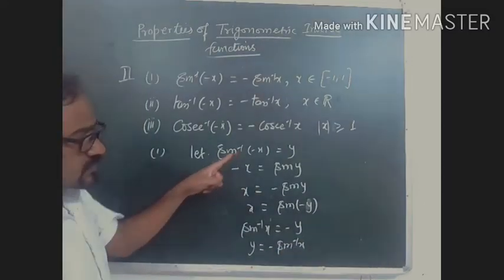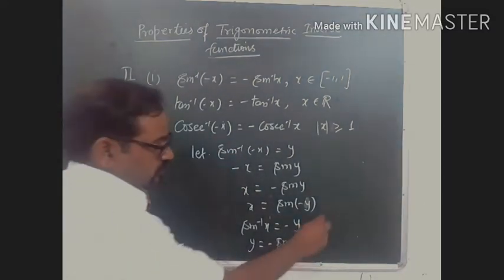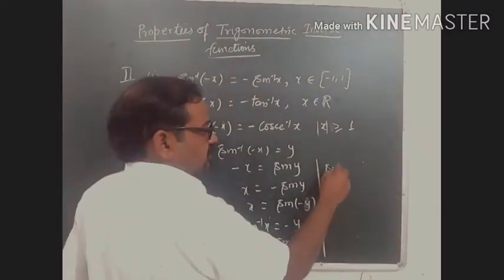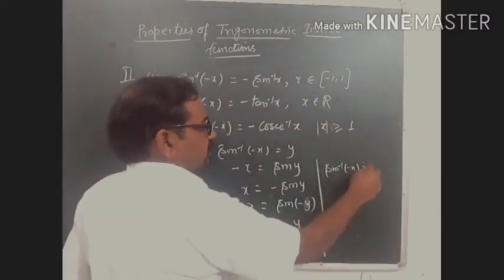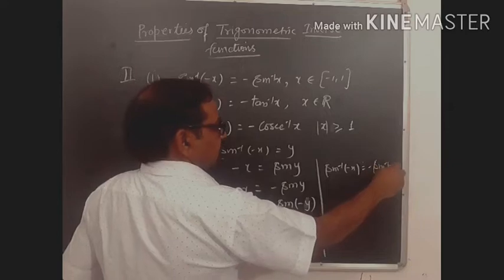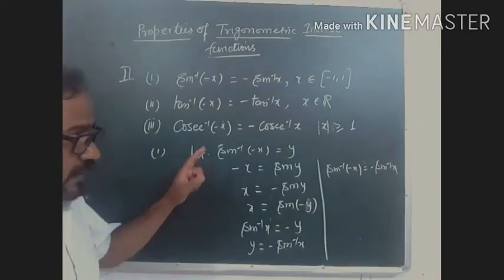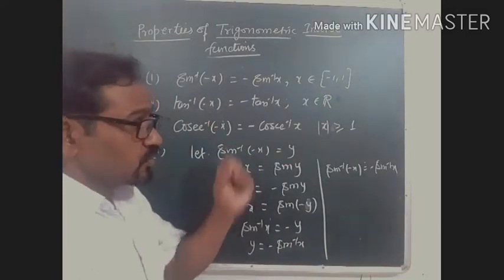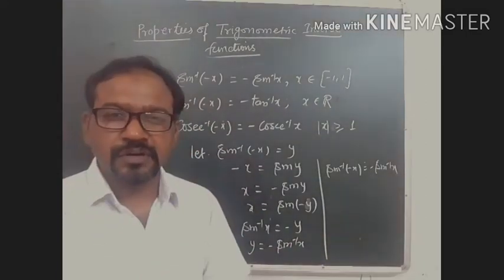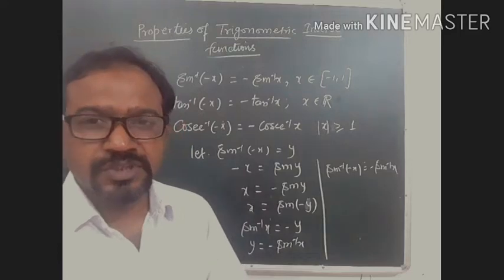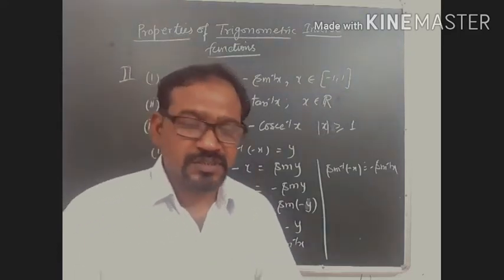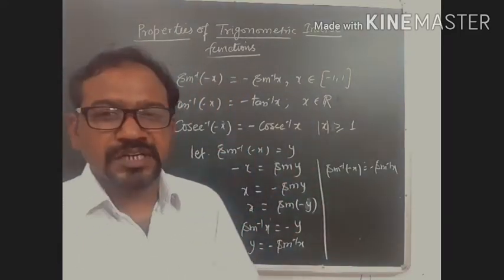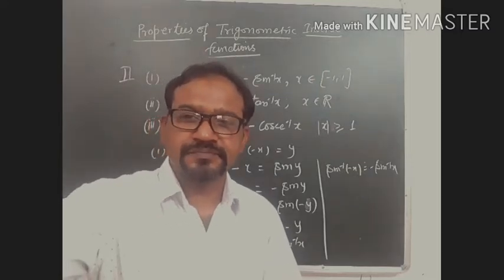But y is sine inverse minus x, therefore sine inverse minus x equals minus sine inverse x, and x belongs to minus 1 to 1, which is the domain of sine inverse. So similarly you can prove the second or third part also.